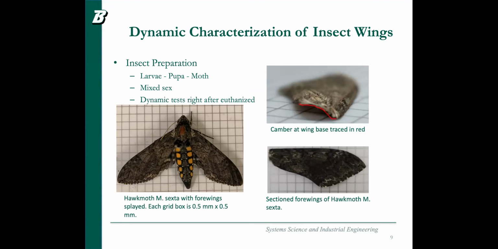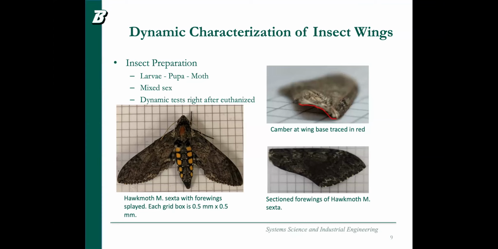an adult moth structure, and underneath is a grid box reference. Each box is 0.5 millimeter by 0.5 millimeter, and the right hand side images show the camber at the wing base. There are traces showing it's not a very flat wing. It has some curvature at the base as well as at the end, but the curvature at the base and at the tip of the wings are not the same.